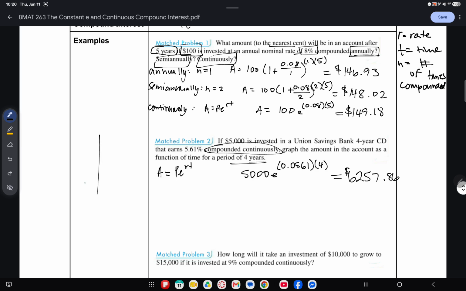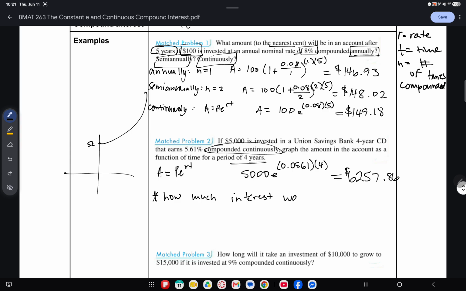Right. Graphically, we're starting at 5,000. I'll just put 5K here, and we're growing. It's going to look something like this, right? What if it asked how much interest? It doesn't, but just what if?